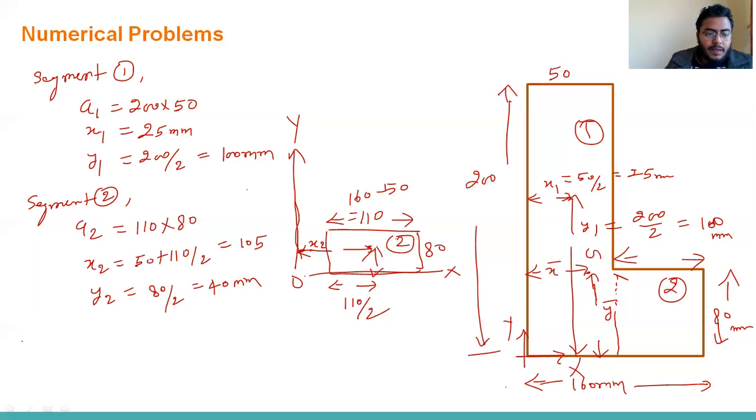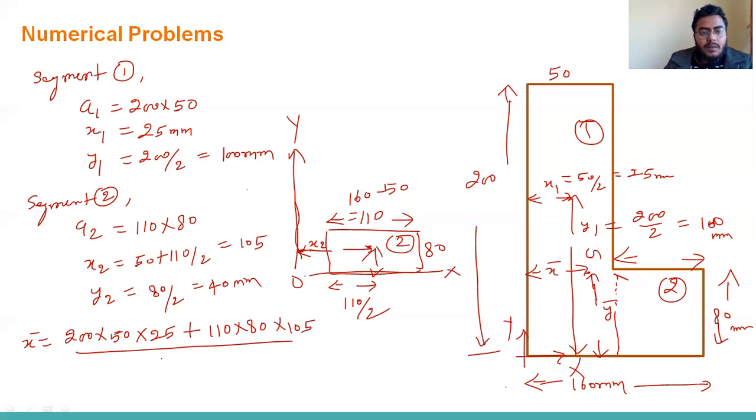Now we can calculate x bar. I'm writing directly. So x bar will be equal to a1 x1 plus a2 x2 divided by a1 plus a2. So 200 into 50 into x1, 25, plus 110 into 80 into x2, that is 105, divided by the total area, or we can write a1 plus a2.